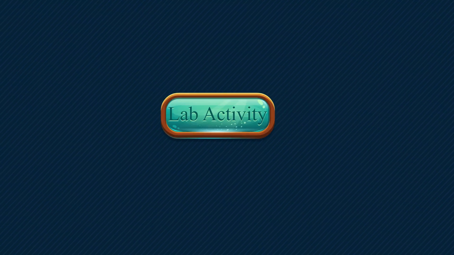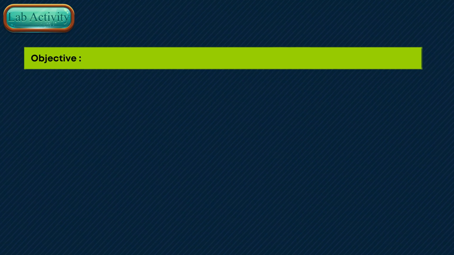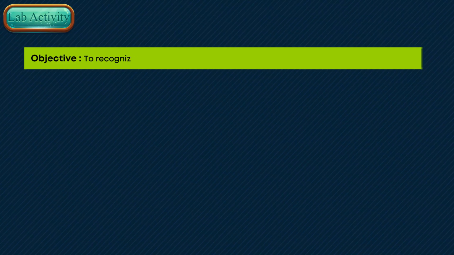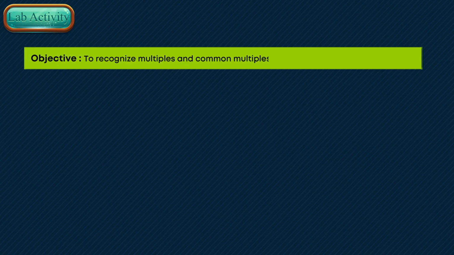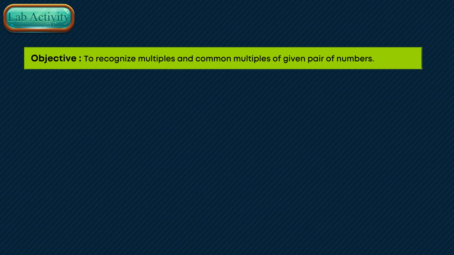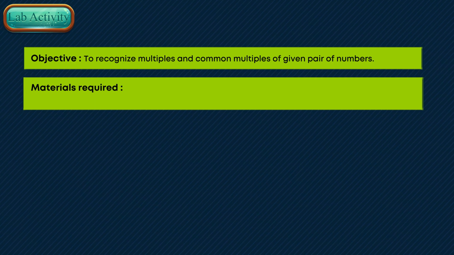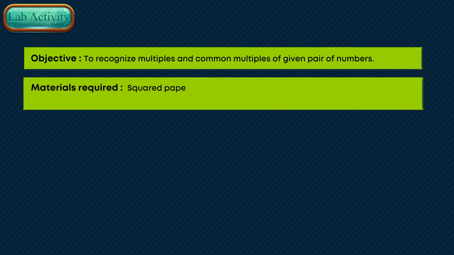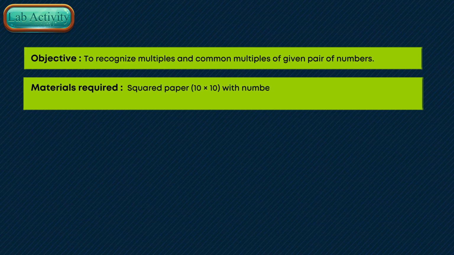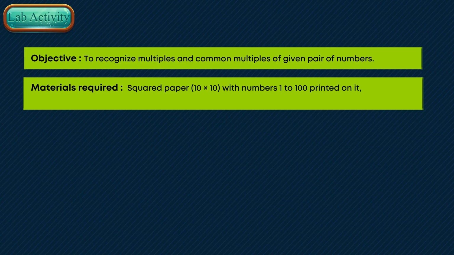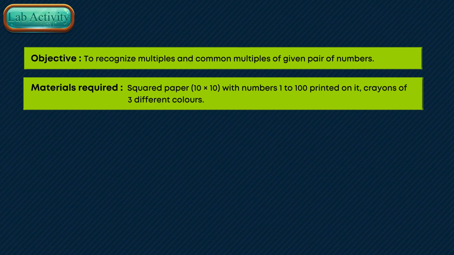Lab activity. Objective: to recognize multiples and common multiples of given pair of numbers. Materials required: squared paper 10 times 10 with numbers 1 to 100 printed on it, crayons of 3 different colors.